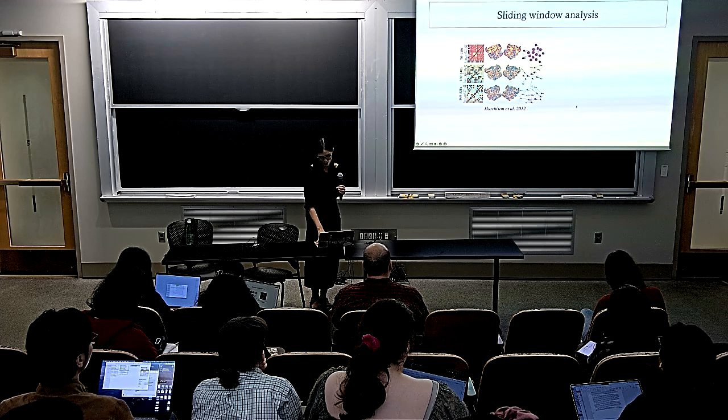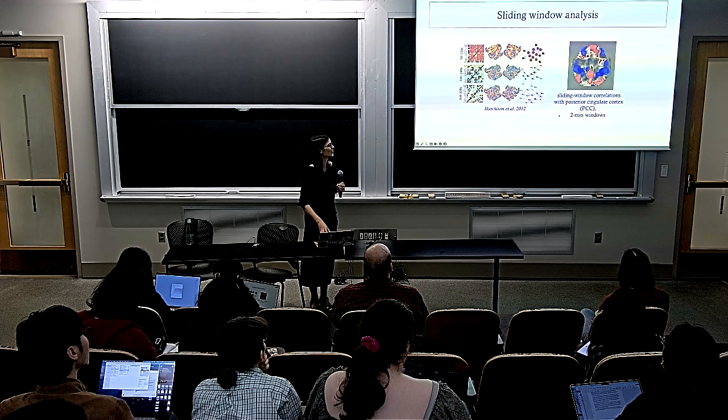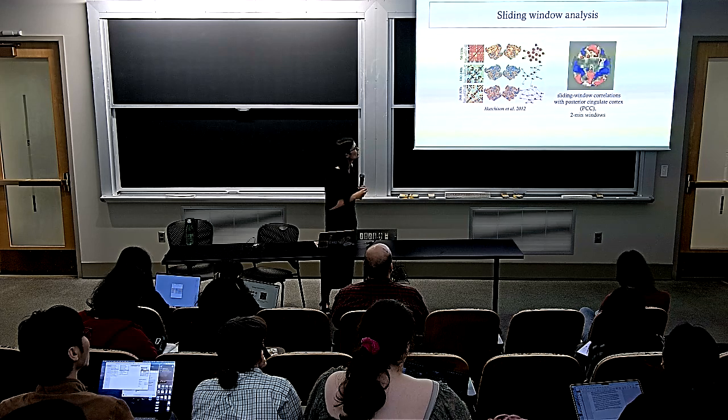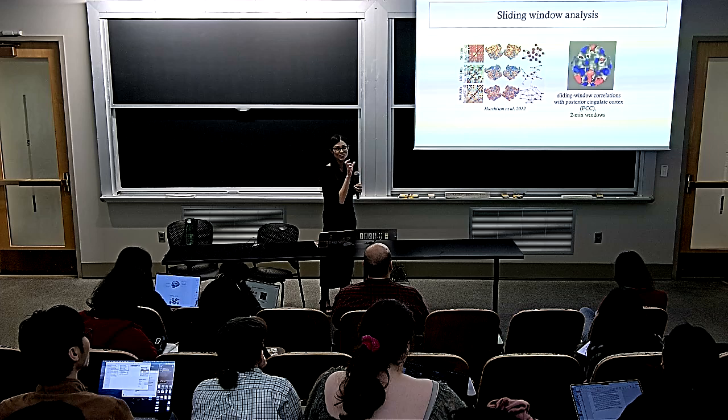I made this movie back when I was a grad student exploring data, but I like to show it anyway because it reminds me of the things I was trying to think about in terms of what this all means. If you take a seed in the posterior cingulate cortex and make a movie that captures how that map is changing over 2-minute windows of data, you can see quite a lot of difference, even in the same scan.